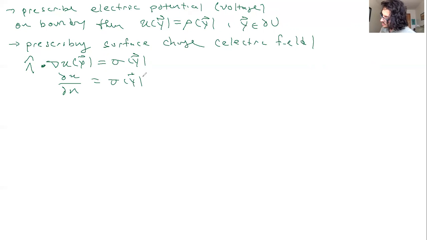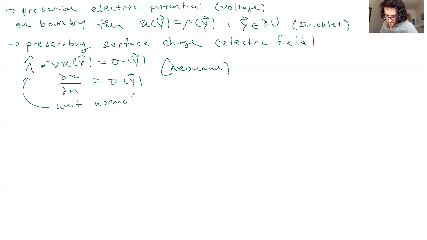This up here is a Dirichlet boundary condition, and this down here is like a Neumann boundary condition, where this here is like our unit normal along the boundary of U. So that's two different ways Laplace's equation will come about.